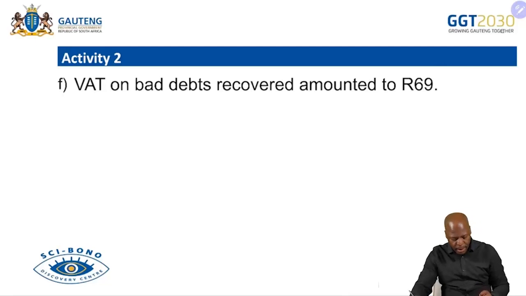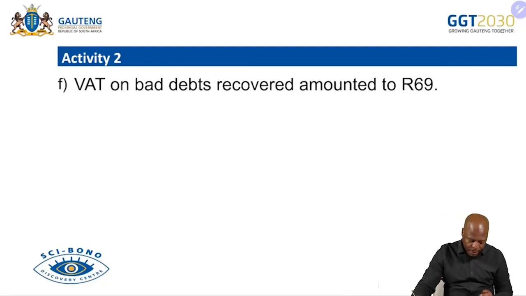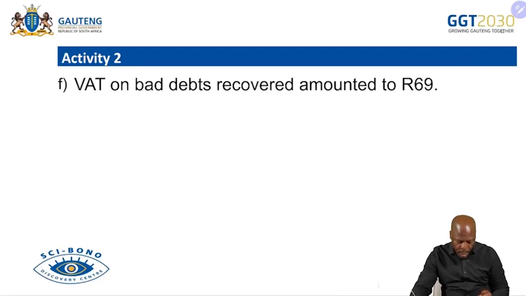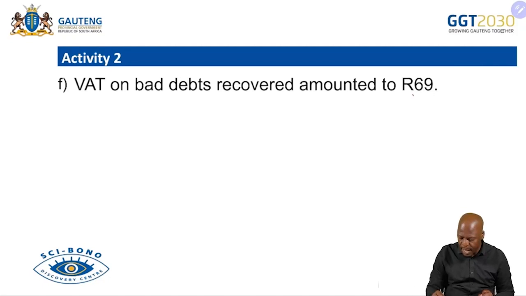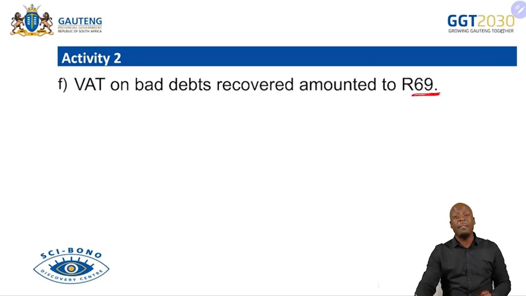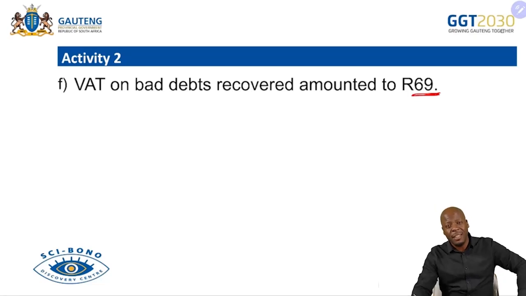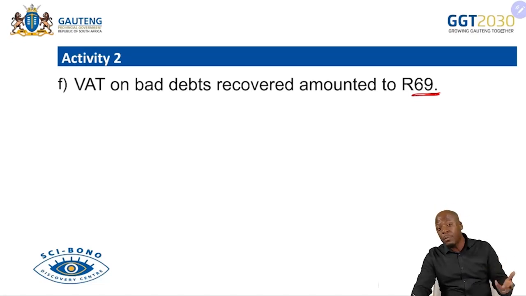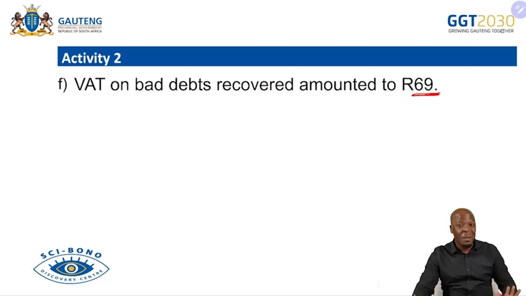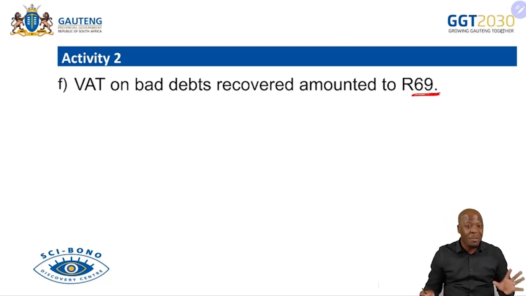Yes, I have. F. And it says, VAT on bad debts recovered amounted to 69. So if I have VAT on bad debts recovered, the easiest way to follow it up, I'm going to show you this. I want you to follow it. Because here they've already given us the VAT.